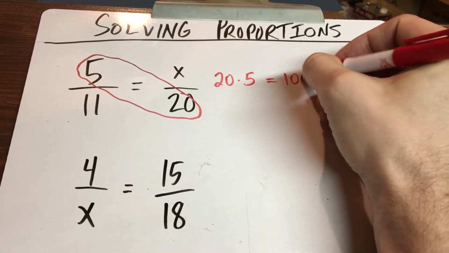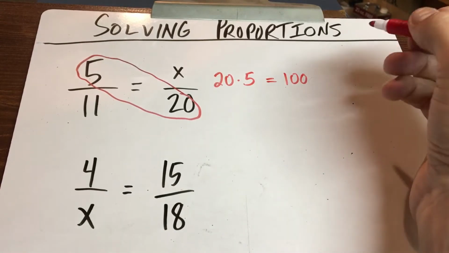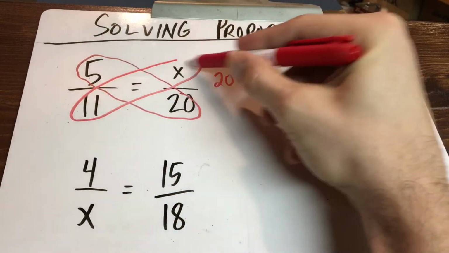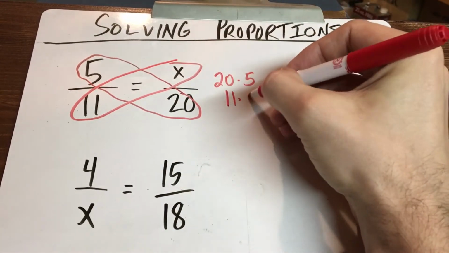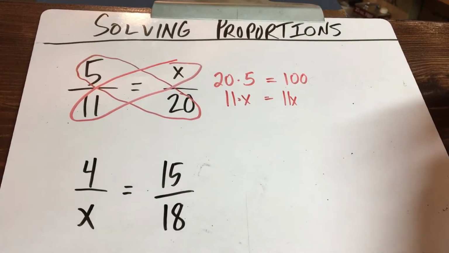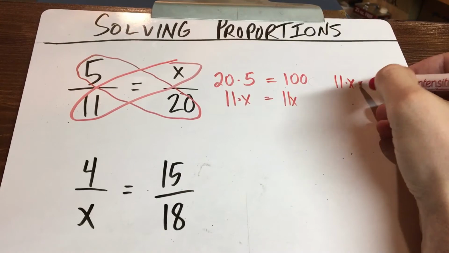If you don't know that, use a calculator. And then once I get 100, I'm going to do 100 divided by my other answer, which over here, 11 times x is 11x. And so what you end up with is 11 times something equals 100.